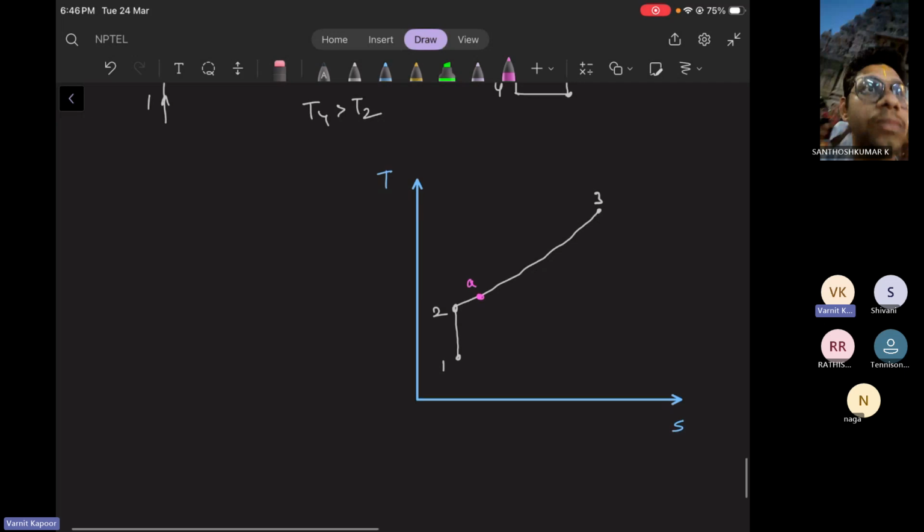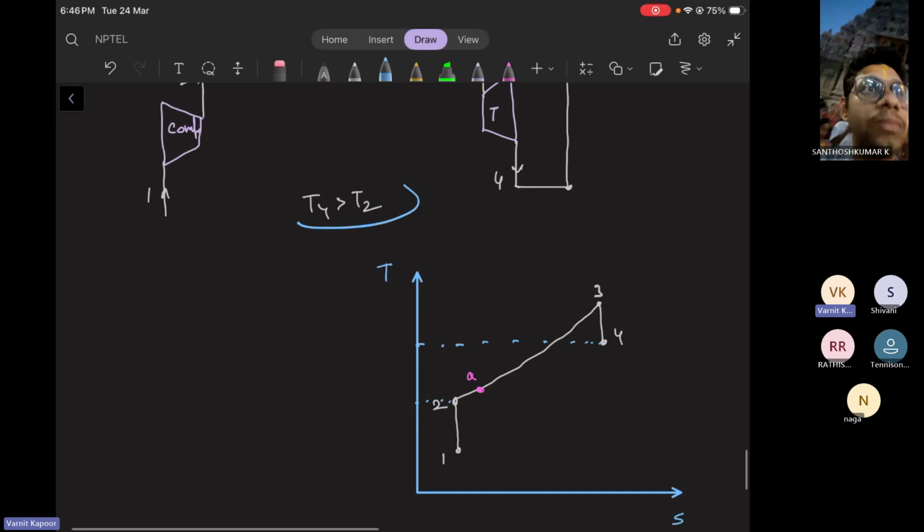Then it passes through a process, that is 4, through the turbine. And we have to keep in mind that the temperature of the turbine output, T4, is always greater than T2. I have written that here.